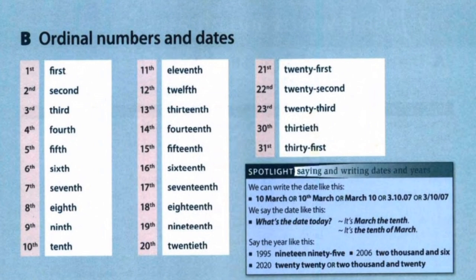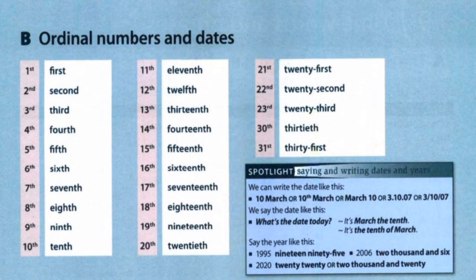Unit 8, Part B. Ordinal numbers and dates. In the previous lesson, we talked about days, seasons, and dates. I put the link. You can check it later. The ordinal indicator ST, ND, RD, and TH appears above the numbers.